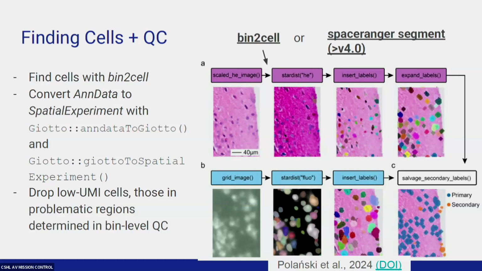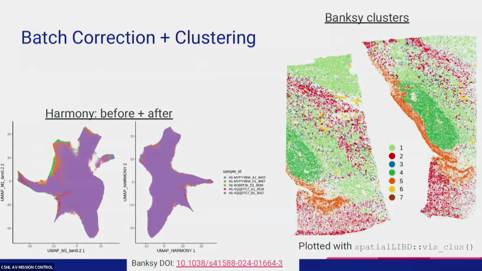That's all actually in Python. But we convert the AnnData to spatial experiment using some functions from Giotto, which seem to be more memory efficient than an alternative called Zell converter. And QC is done pretty similarly, where we can use spatial coordinates to filter out problematic regions like the ones I showed earlier. Once you do that with the cell level data, there's this tool called Banksy. You can also use it with, I think, Xenium and other data types, but it also works with Visium HD.